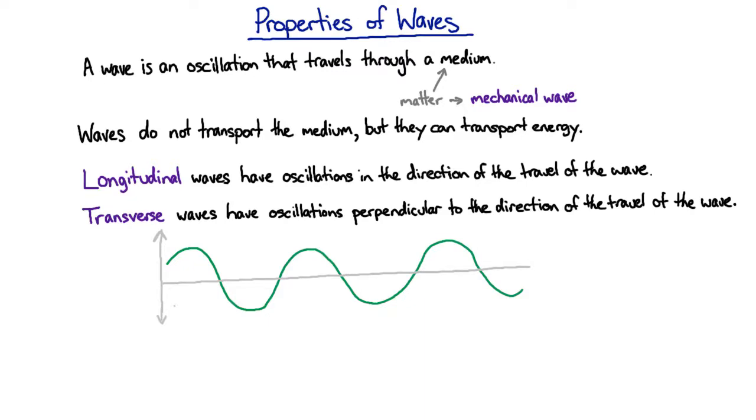If that's the height of a guitar string, then that will be measured in meters. And so the units of the amplitude of the wave, remembering that the amplitude is how high it is between its medium point and the peak, depend on what kind of wave it is. The wavelength is the distance between successive points on the cycle, so it could be peak to peak or trough to trough, and the wavelength is therefore obviously measured in meters.